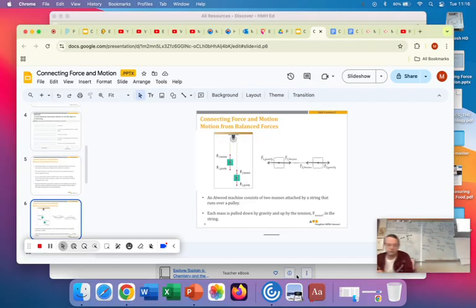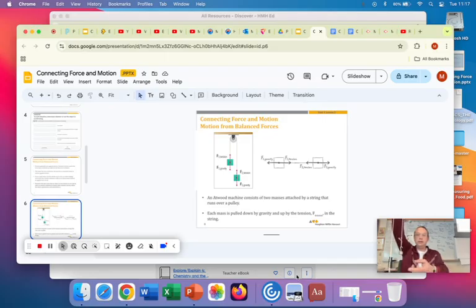Mass down on the floor, and I get another mass equal to that one. If I push one down, it'll stay there. So it's a motion from balanced forces.